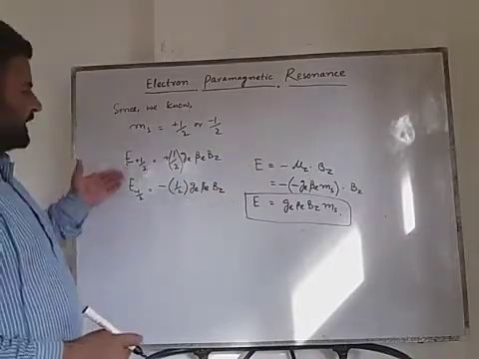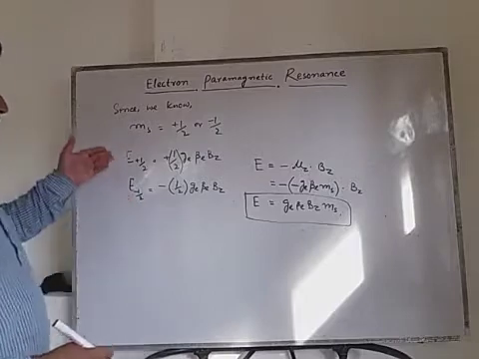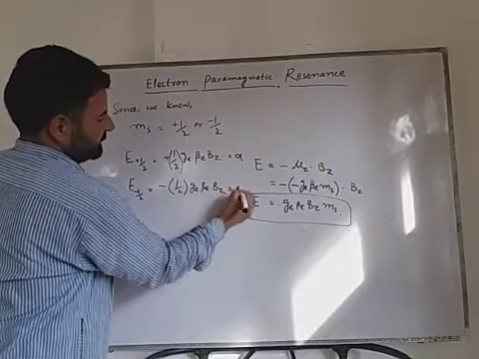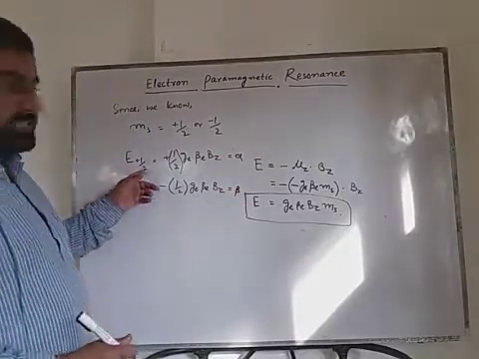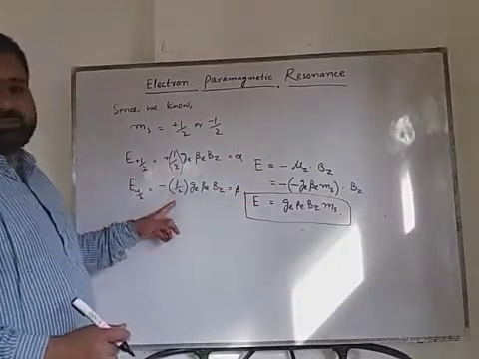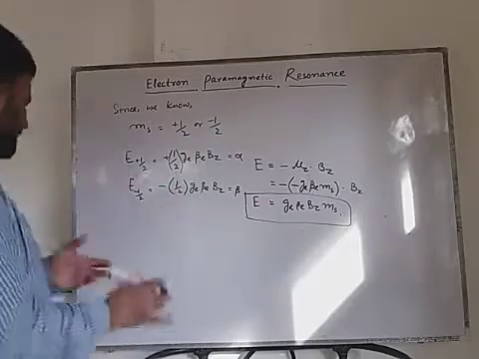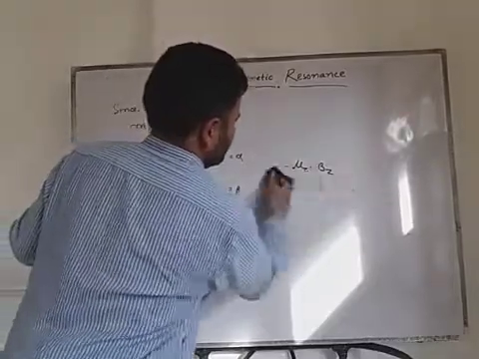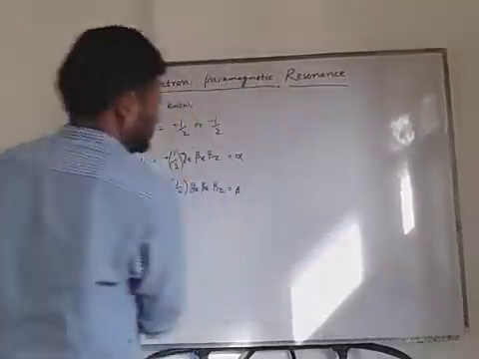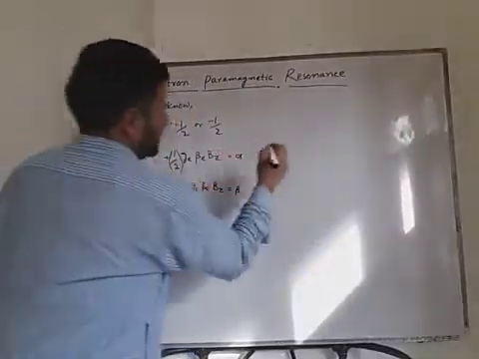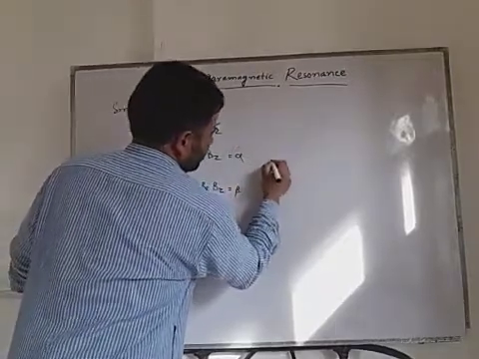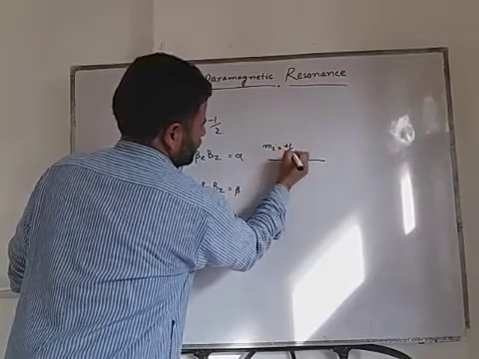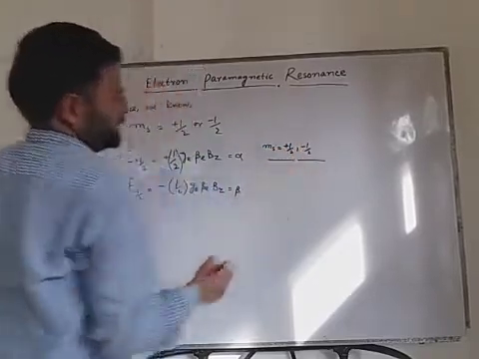These will be the energies of the two states, and this one is called the alpha state and this one is called the beta state. That means this will rise in energy and this will lower in energy. It can be shown like this. For example, firstly there was no applied magnetic field, so they will be degenerate. That means Ms is equal to plus 1 by 2 and minus 1 by 2 are degenerate.